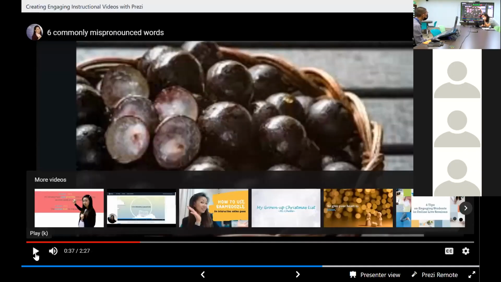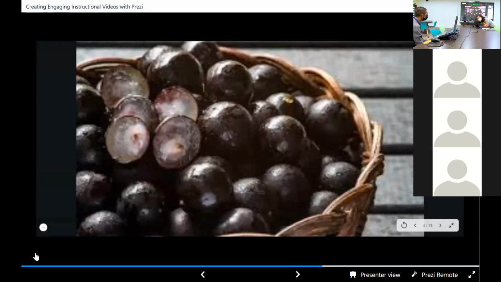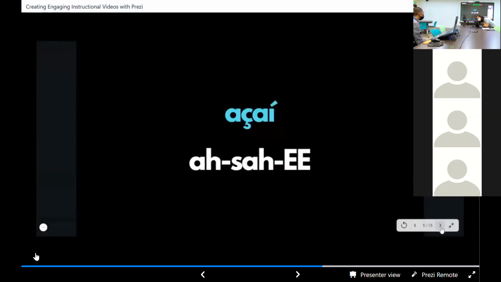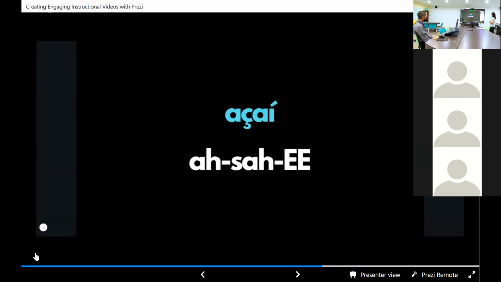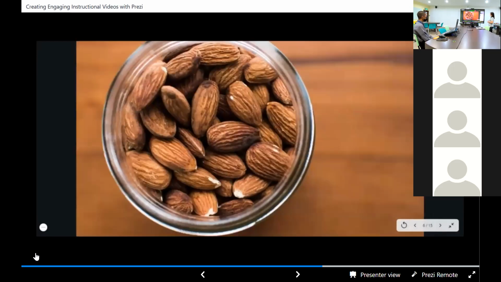The trendy superfood with Portuguese origin that has a fancy C, a C with a tail, is called açaí. This word is often mispronounced as acai or açaí. It's actually açaí. Another nutritious food, commonly mispronounced as almond.